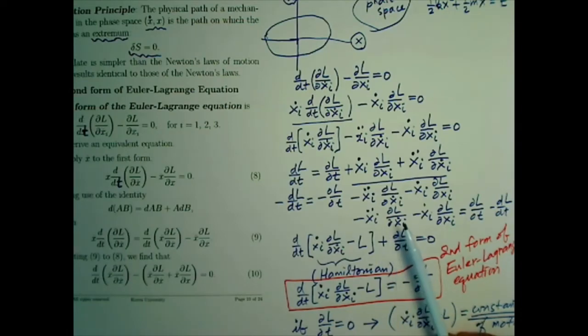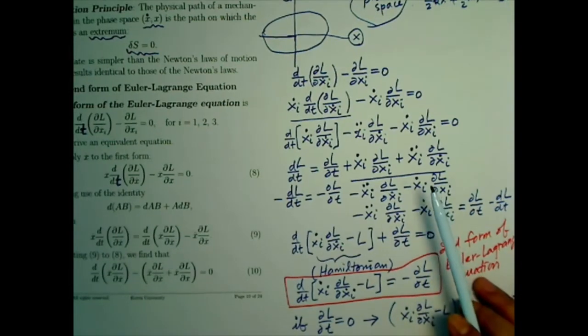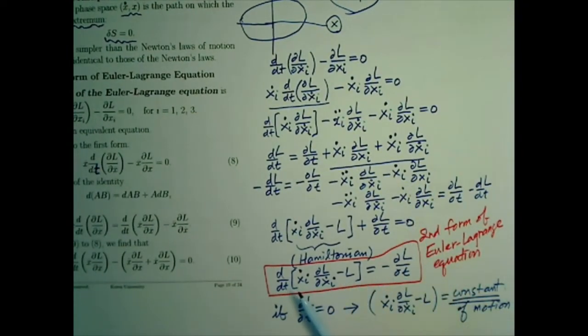This one is to be moved to the right-hand side. We find this is actually the Hamiltonian, and it equals minus the partial time derivative of the Lagrangian. This is called the second form of the Euler-Lagrange equation.